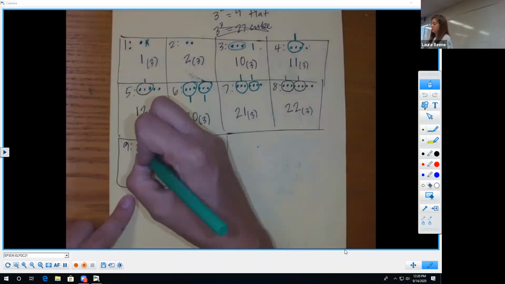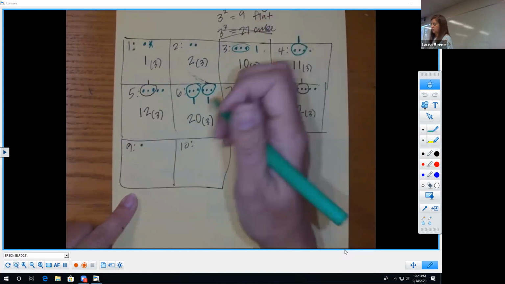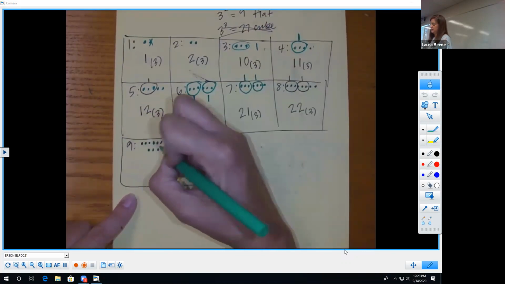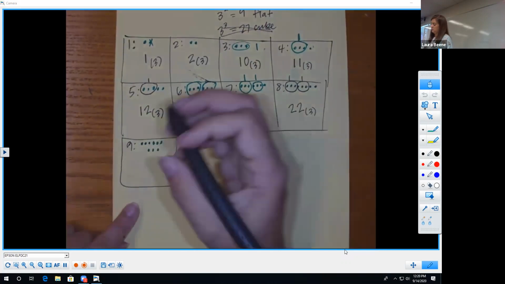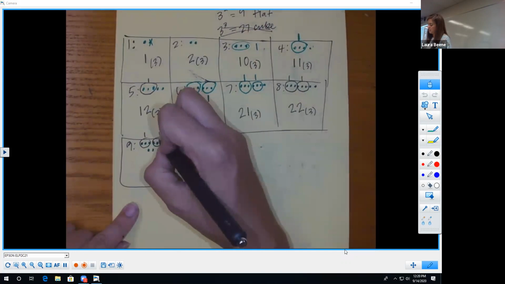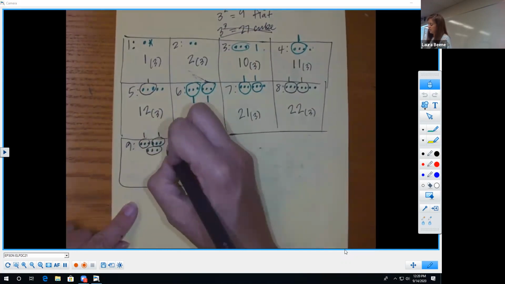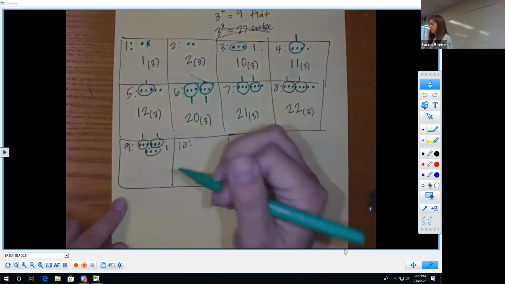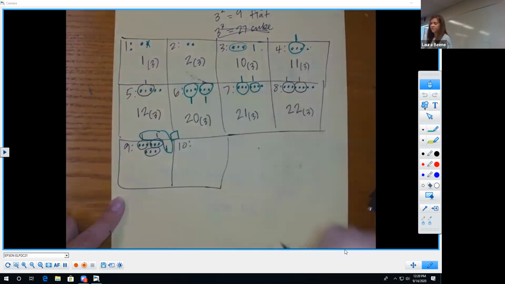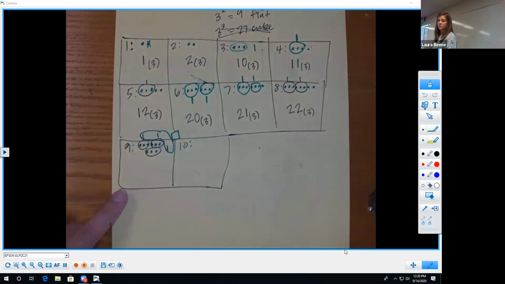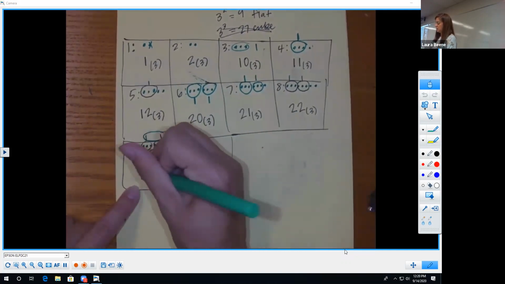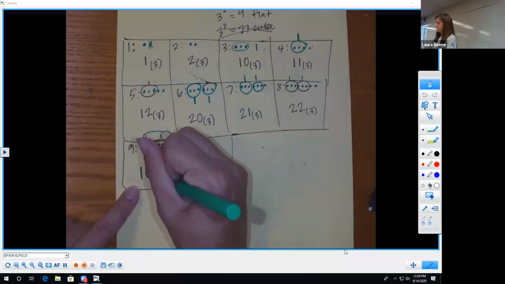For 9, we know that 9 makes a flat. So when I'm doing this one, 6, 7, 8, 9. These 3 make a long, these 3 make a long, and these 3 make a long. Since we're in base 3, 3 longs make a flat. So it would be 1 flat, 0 longs, and 0 units in base 3.